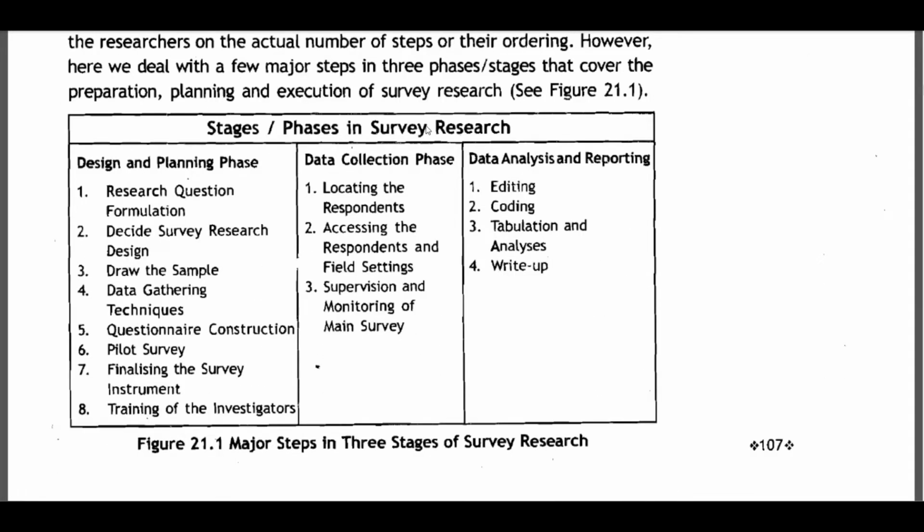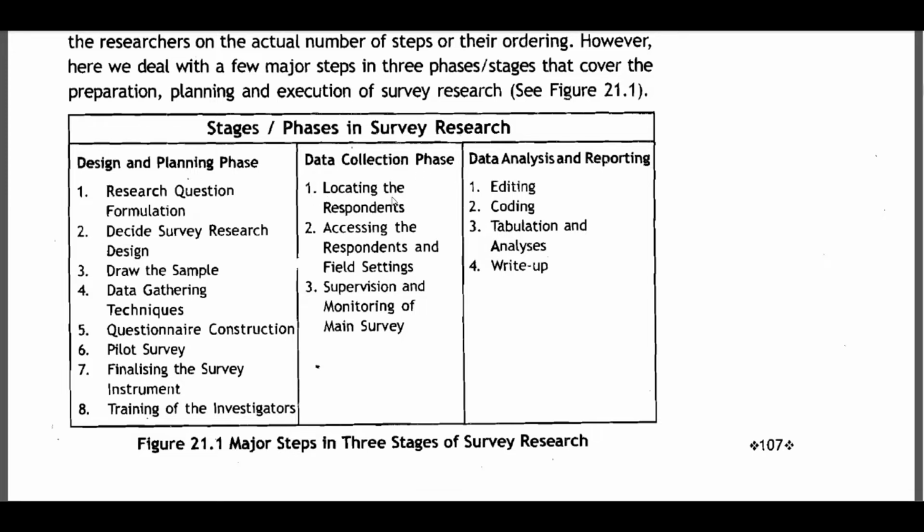Stages or phases in survey research. First stage, the design and planning phase. Various steps here are research question formulation, deciding the survey research design, drawing the samples, data gathering techniques, questionnaire construction, pilot survey, finalization of the survey instrument, training of the investigators. The second phase, data collection phase.